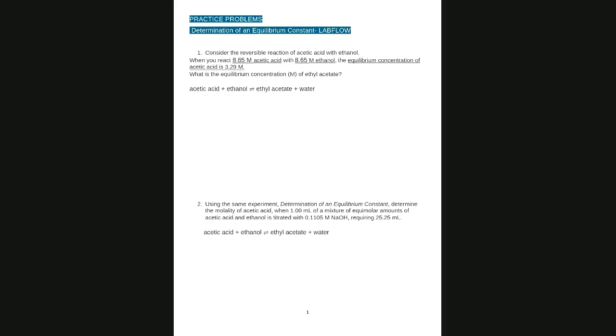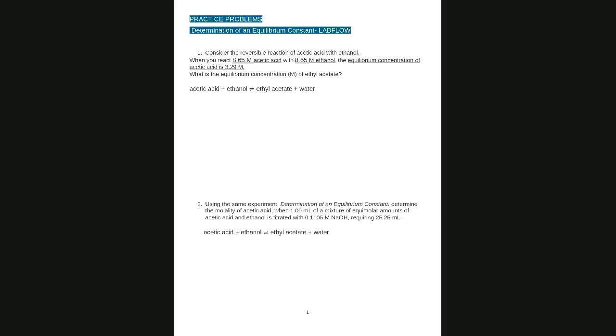Okay, so I have a few problems, and many of those problems are very similar, with different numbers, to the ones that you are going to encounter in the lab quiz. So let's read this problem. It says, consider the reversible reaction of acetic acid with ethanol.